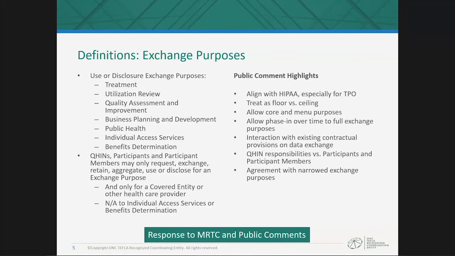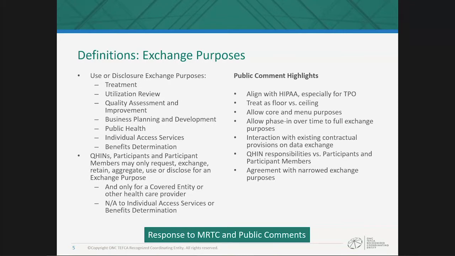And so, as we would expect, the MRTCs say, here's our list of exchange purposes, and this is the only thing you can use the common agreement for. You can request information, you can exchange information, you can retain information, you can aggregate, you can use it and disclose it for these purposes, and that's it.